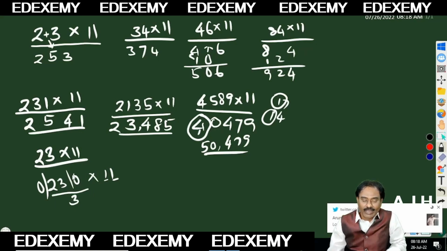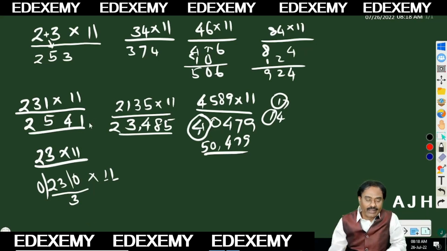Okay. So from right to left you have to come. Here this way, take these two numbers. First multiply 3 by 1. Since 11 contains both ones in the tens digit and unit digit, we have to multiply this 3 with 1 and 0 with 1.